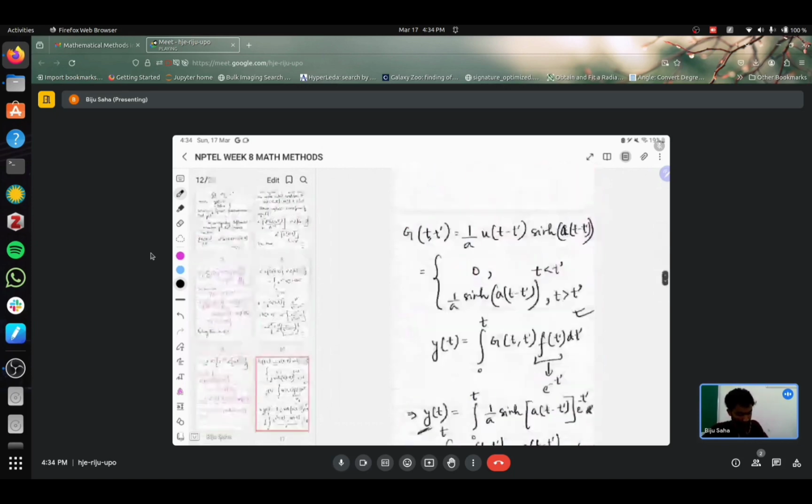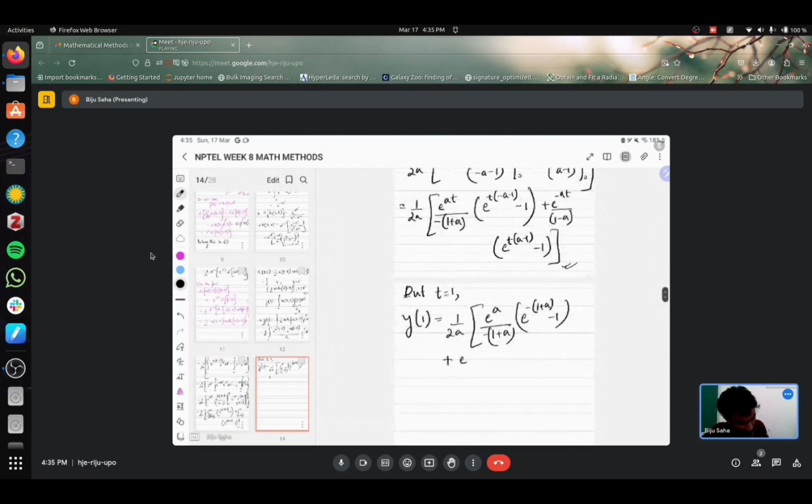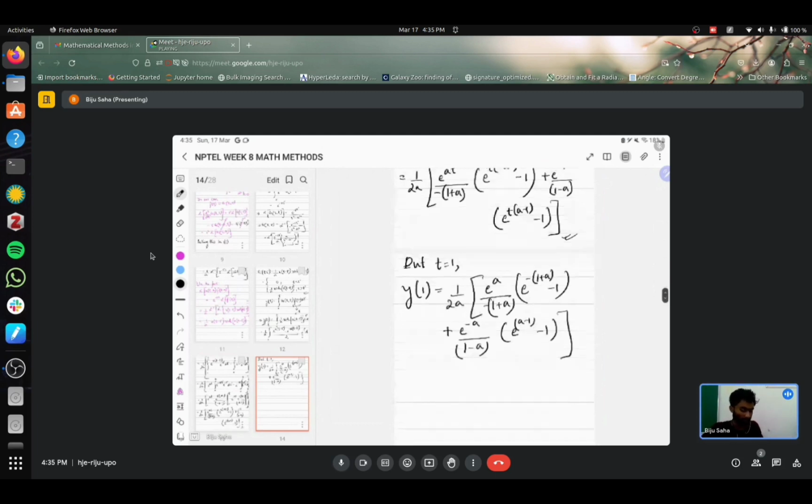So let me put t equal to 1. So this is what the value of y at 1 looks like.